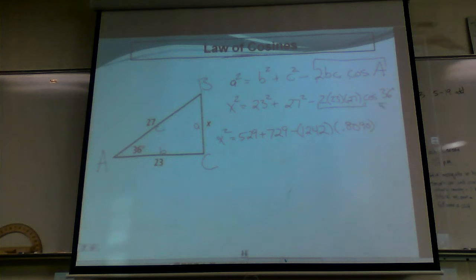Okay. Now the reason I separated that is just so you understand. These get multiplied together. Remember, that's the number you get from your calculator or from the chart. And then you multiply these together after the fact. All right, so I'm going to have 529 plus 729 minus whatever that is. 1,004.